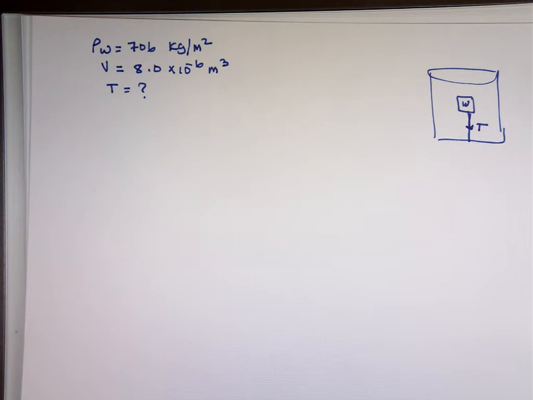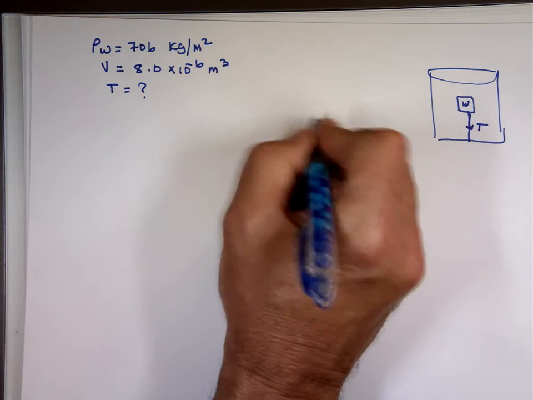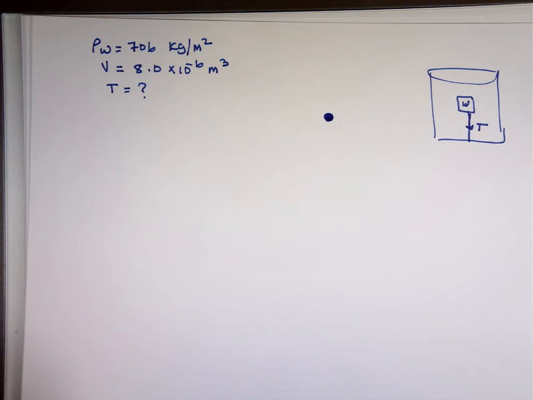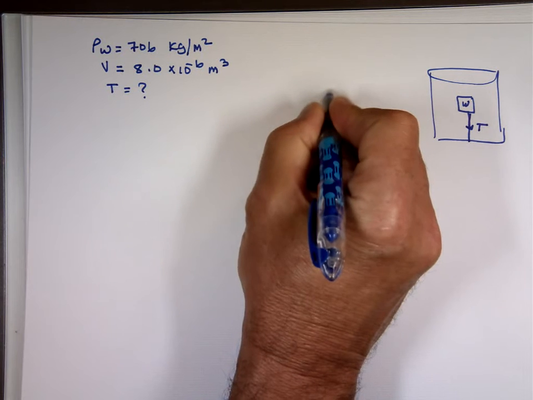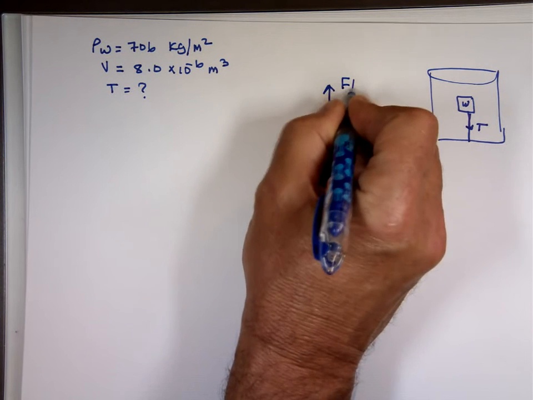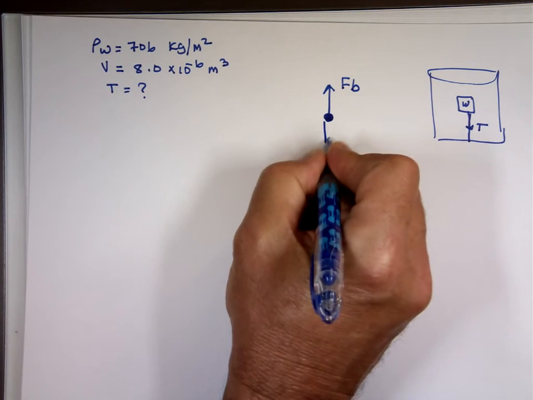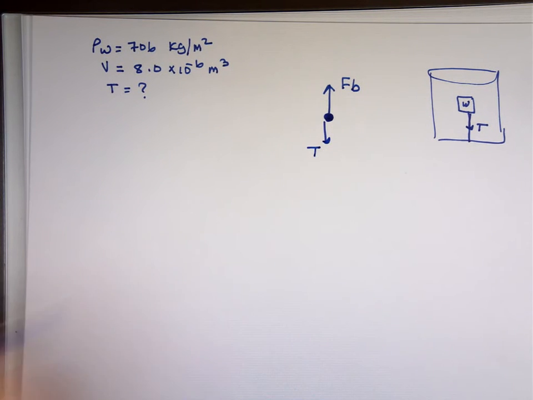Let's see, there's a free body diagram. That's the block of wood. What are the forces on it? We got the buoyancy pushing upward. What else we got? We get the string pulling down with the tension. What else we have? There's one more force.